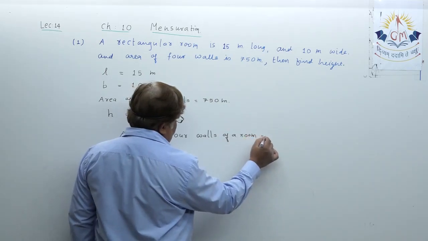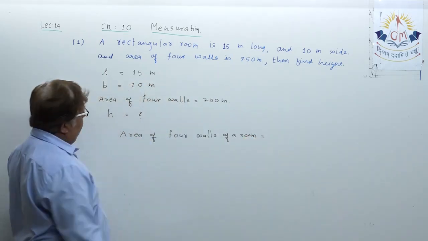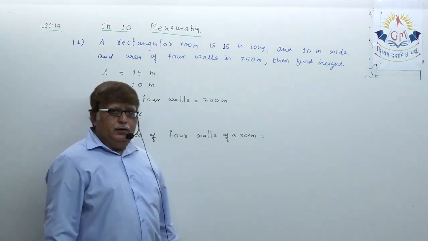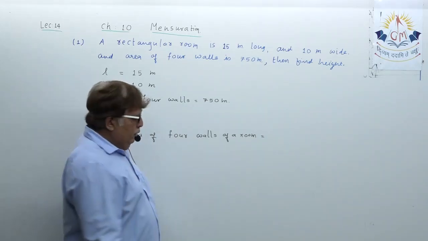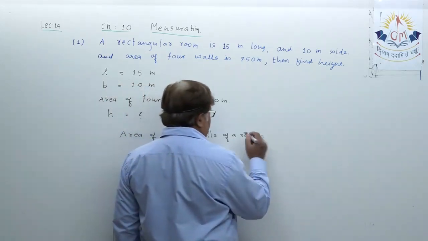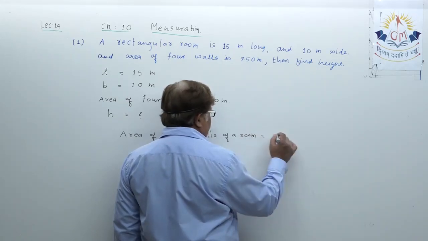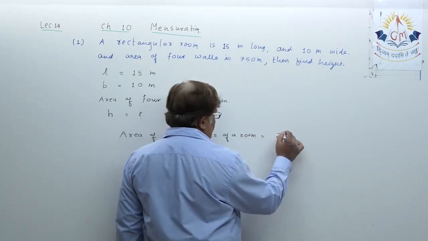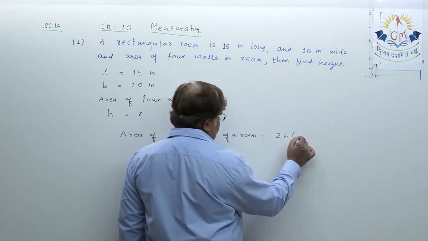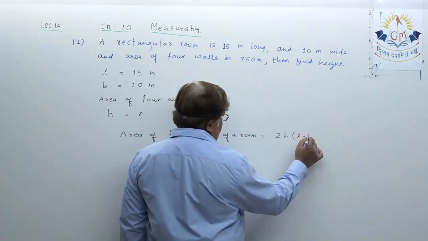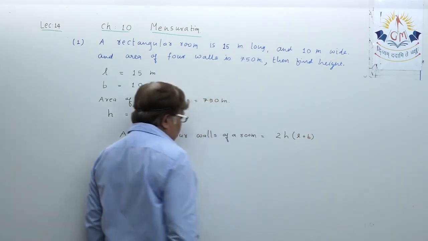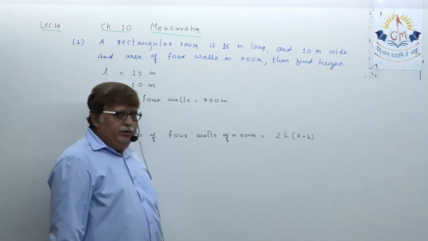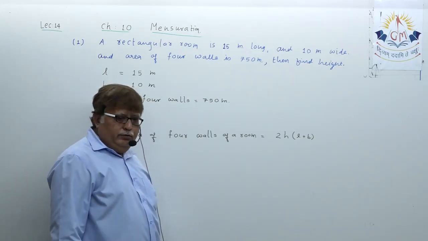What is the formula of the area of 4 walls of a room? As you all know, 2h into (L plus B). This gives the area of 4 walls of a room.